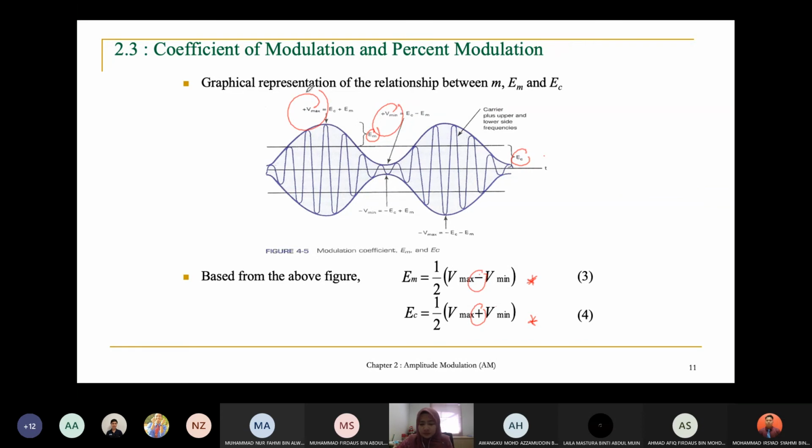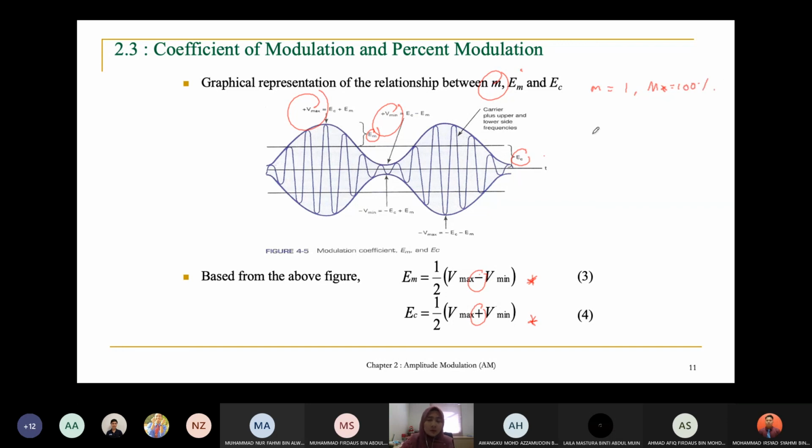Okay. So for this AM envelope, please take note that if you have modulation coefficient equal to 1, this means that you have 100% modulation.